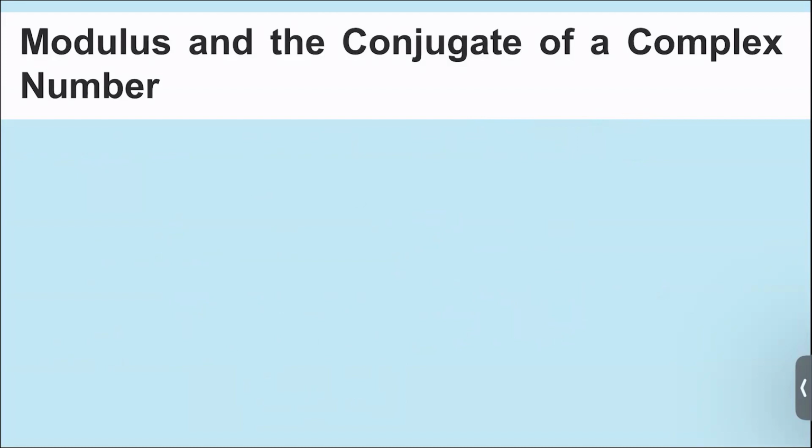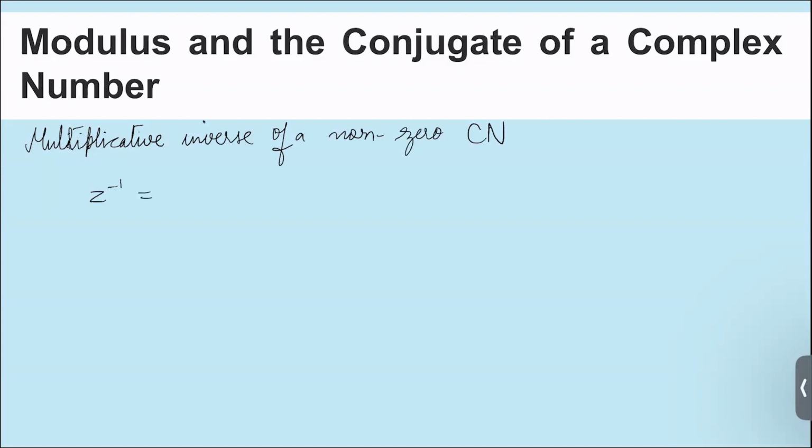Now, if you remember, we had used an expression called the multiplicative inverse of a non-zero complex number. Okay, and we had given it as z inverse. We had directly written it as 1 upon z.